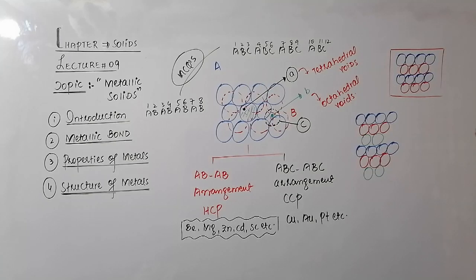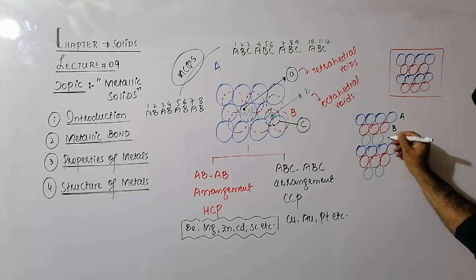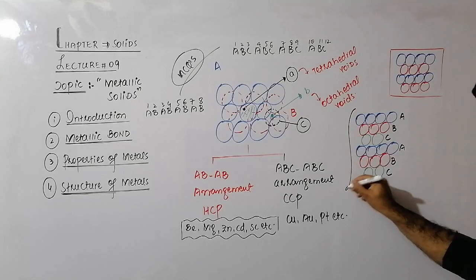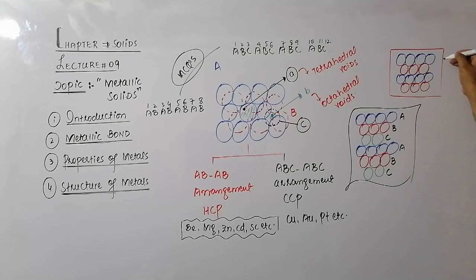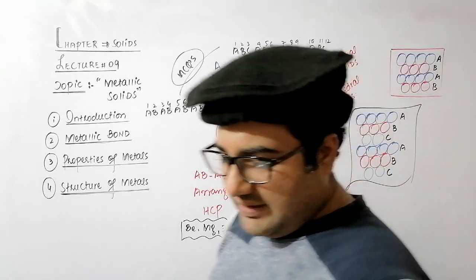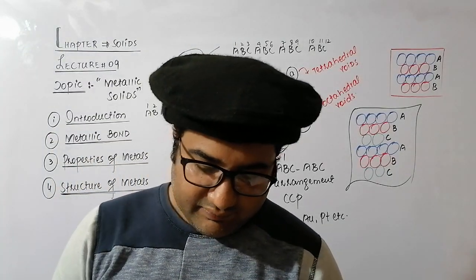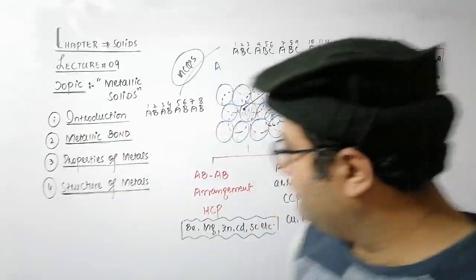And it will be repeated again and again. So this one is the A, B, C, A, B, C arrangement, or it is also called the cubic close packing. And this one was the A, B, A, B arrangement, and it is also called the hexagonal close packing. So these are the structures of the metals, either hexagonal close packing or cubic close packing.